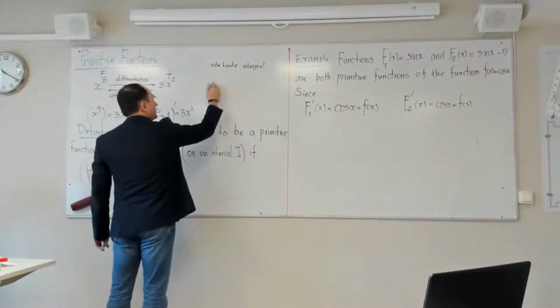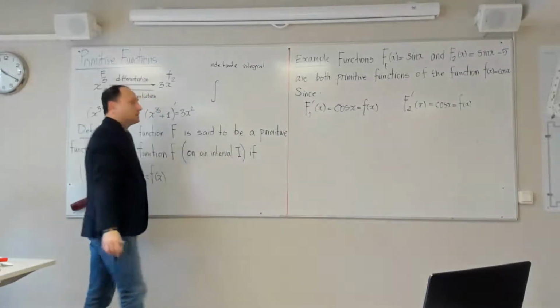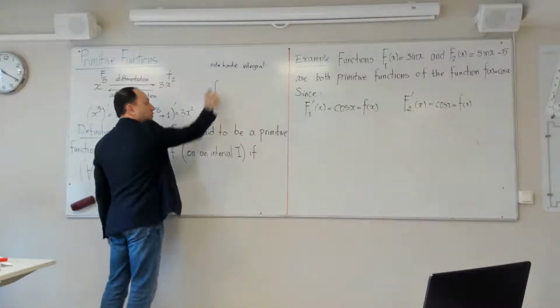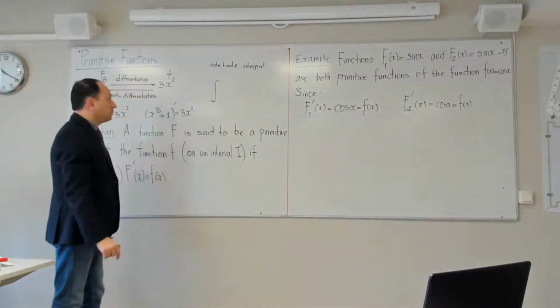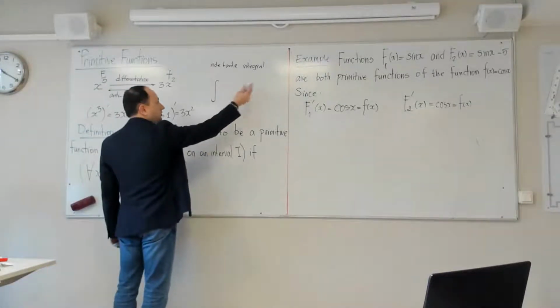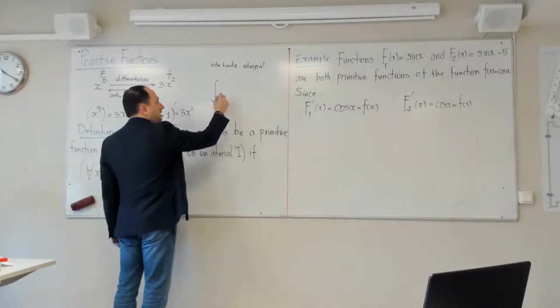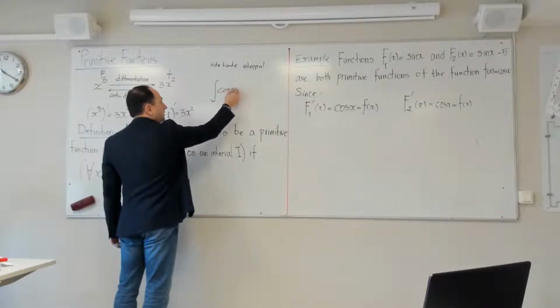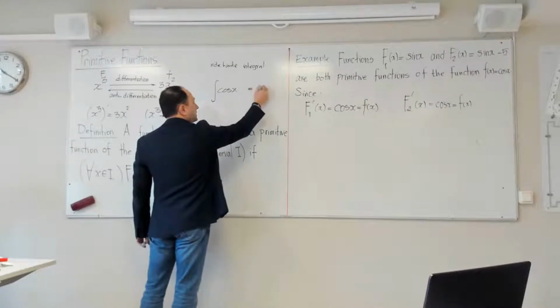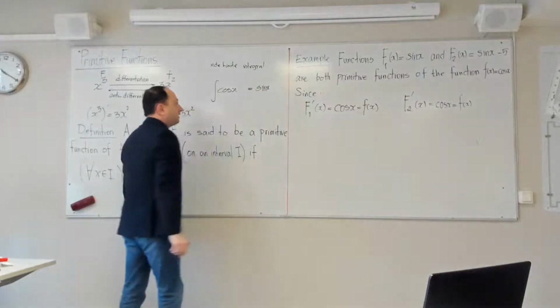But the symbol is like this, exactly like the integral, but in the integral you have a lower bound and an upper bound, while in an indefinite integral you don't need to write that. So for example, I would write that the primitive function of cosine is equal to sine of x. Okay?